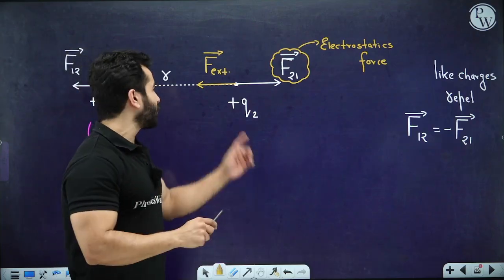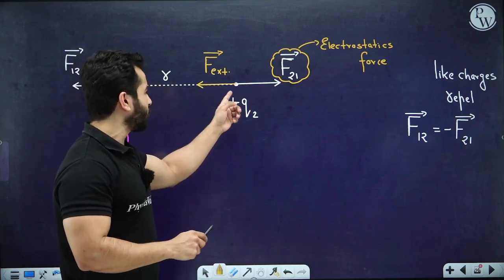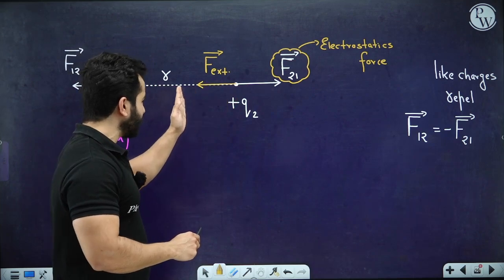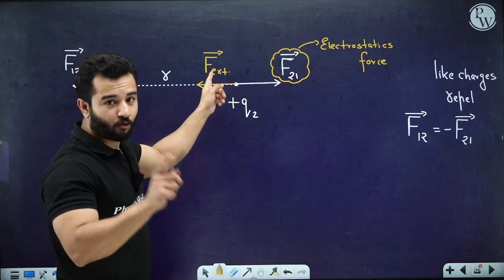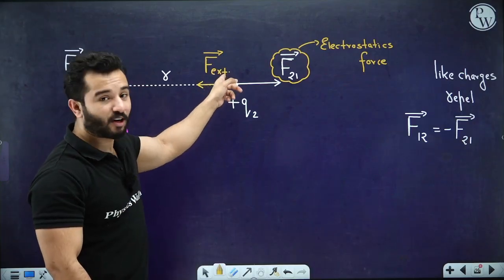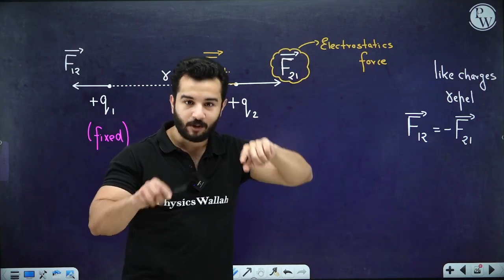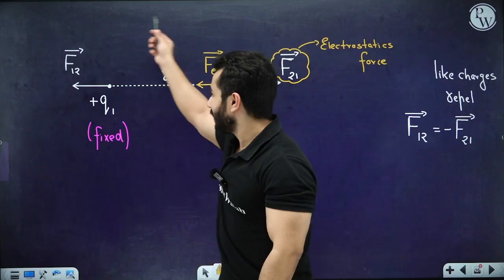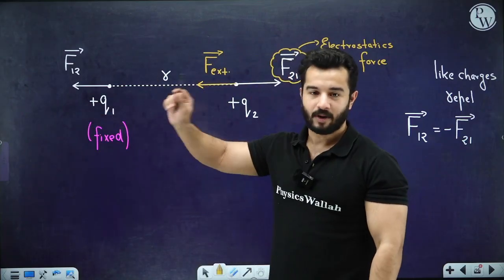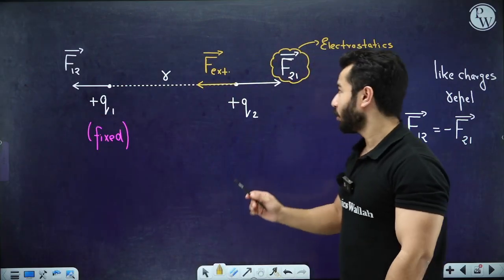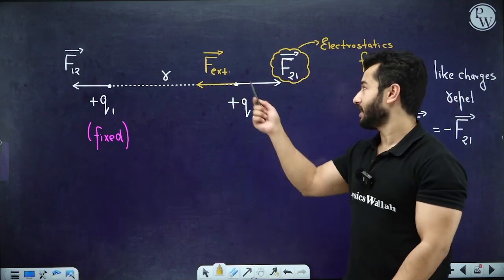Why is that? Because when you apply an external force on this charge and decrease the separation, the amount of work done by this external force against this conservative force will be stored in the potential energy of this system. I'll repeat myself. When I say you, I mean the external force.